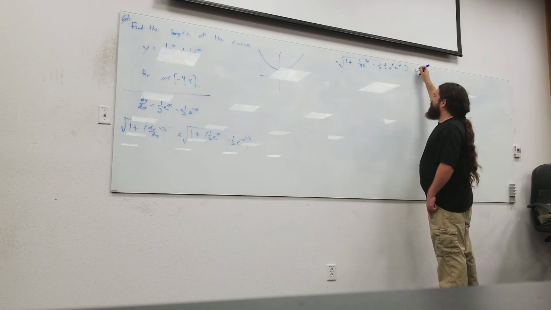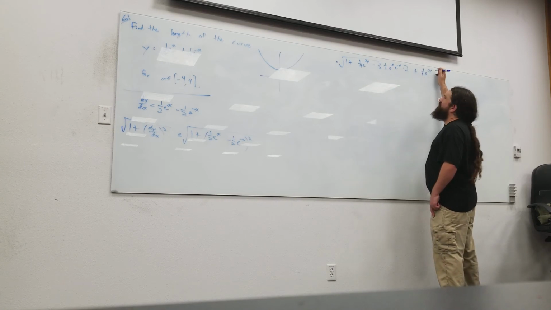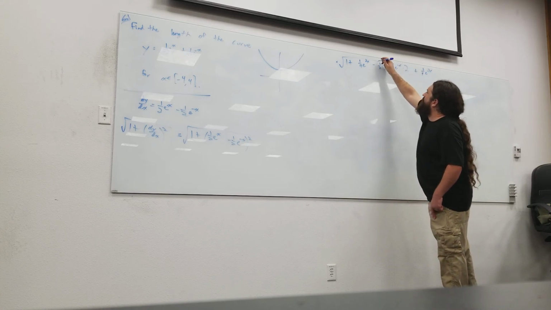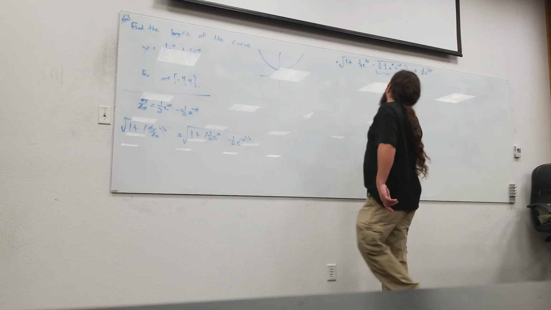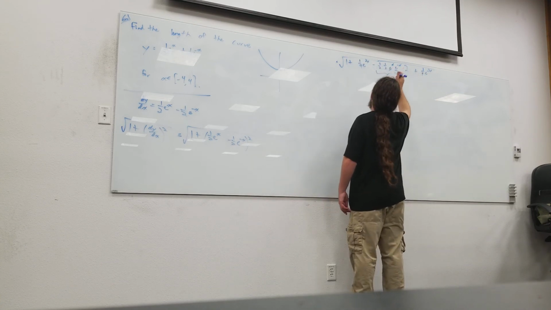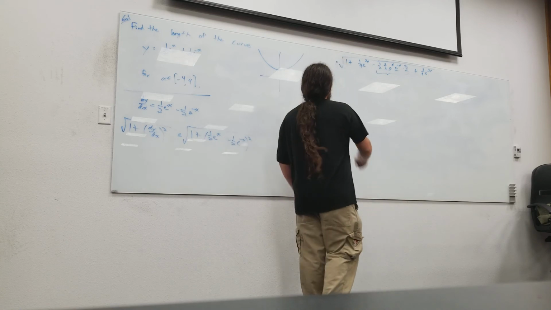And then the last term squared, which will be 1/4 e to the negative 2x. What's that term in the middle? These two cancel. These two cancel. Can you see where that's just minus 1/2?